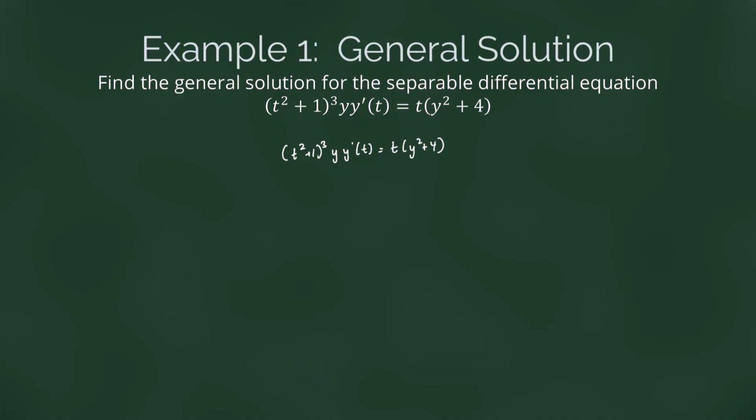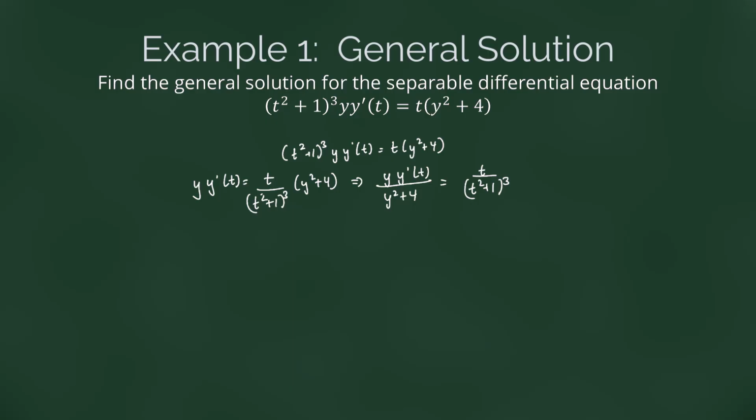So we can begin by dividing both sides by (t squared plus 1) to the third. We still have y's left on the right, but we can divide those out now. So we end up with y prime of t over (y squared plus 4) is equal to t over (t squared plus 1) to the third.